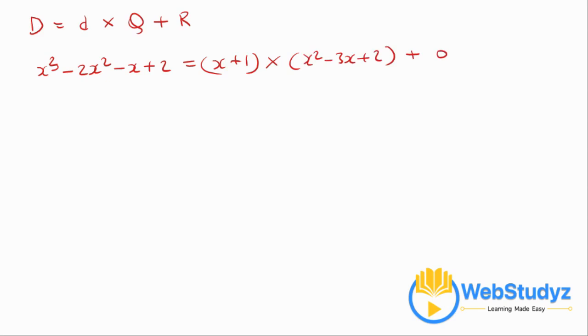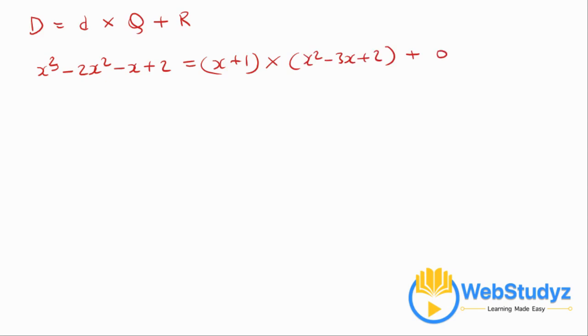So dividend is x cube minus 2x square minus x plus 2, and divisor is x plus 1, and quotient is x square minus 3x plus 2, and remainder is 0.